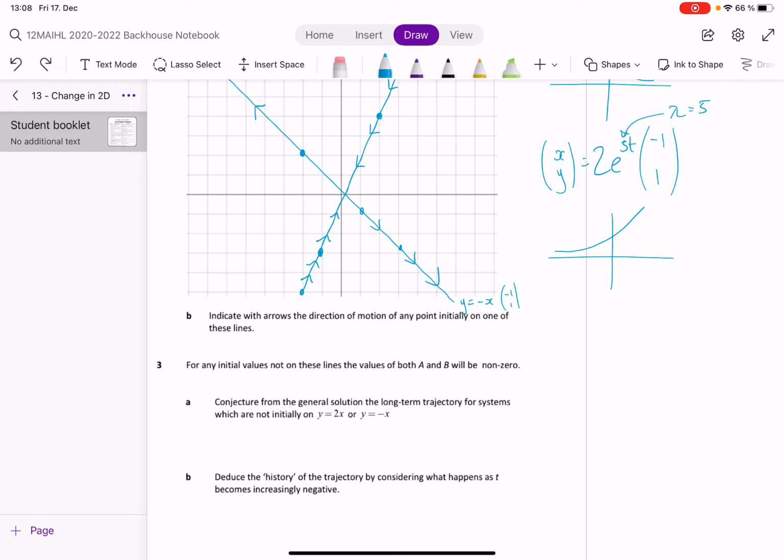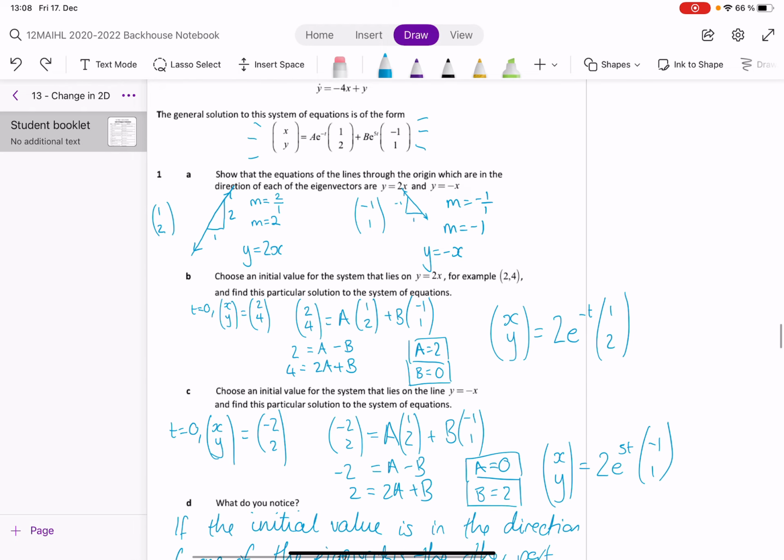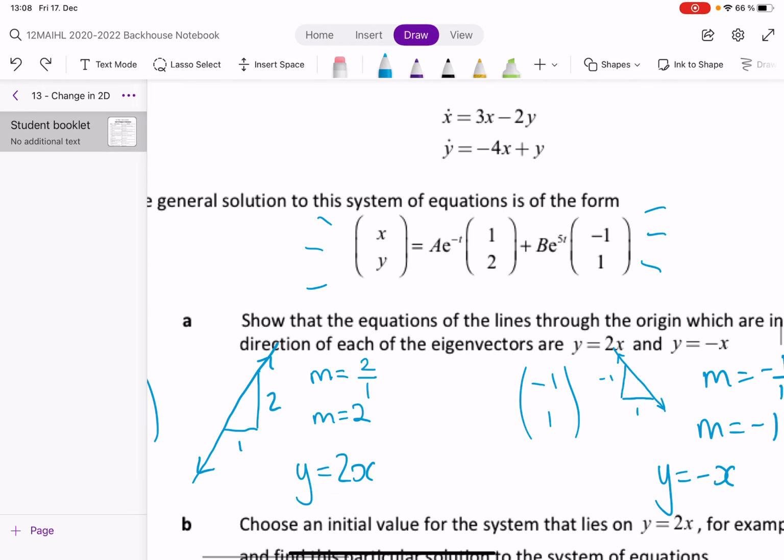Conjecture from the general solution the long-term trajectory for systems which are not initially on these lines. Well, we talked a little bit about this idea last lesson. So where's our general solution? Here's our general solution. As t gets big, one part of our solution is going to become more important.